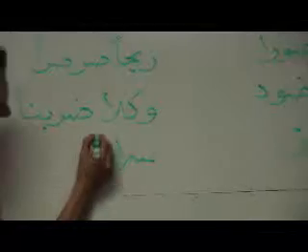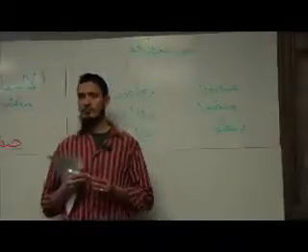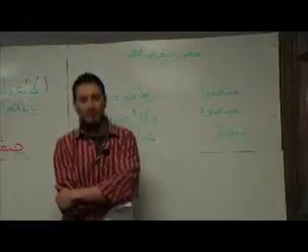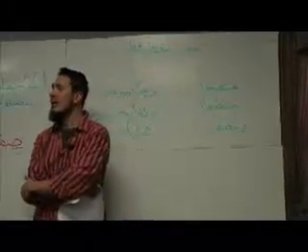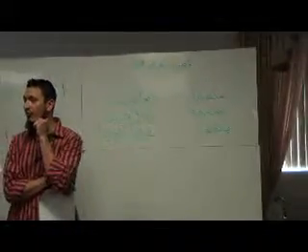وما ينطق عن الهوى. Okay. شرابا طهورا. Now, I want you to notice something. Where is the exit of the ta? Where does the ta come out from? Tip of the tongue, right. The tip of the tongue is forward in your mouth. It's not where the exit of the qaf is.